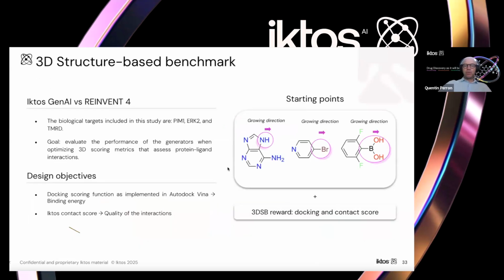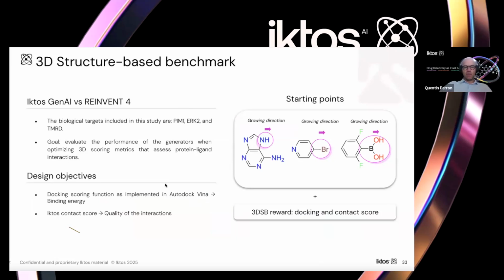Also, we wanted to apply those GenAI in 3 different projects, following and maximizing docking scores, so PIM1, ORC2, and TMRD, which are 3 targets where we have the structures from the PDB.